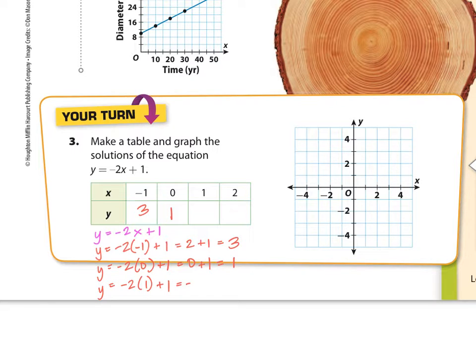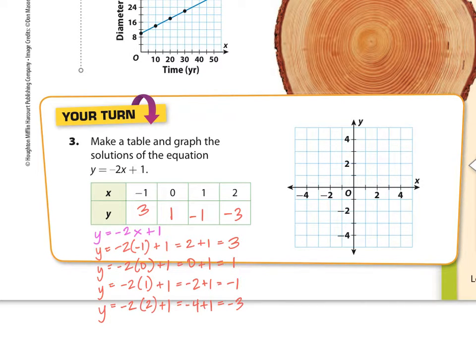Negative 2 times 1 is negative 2, and negative 2 plus 1 is negative 1. Okay? Then the last one is x equals 2. So y equals negative 2 times 2 plus 1. Negative 2 times 2 is negative 4. And negative 4 plus 1 is negative 3. And I made a mistake here. That should be a negative 1.